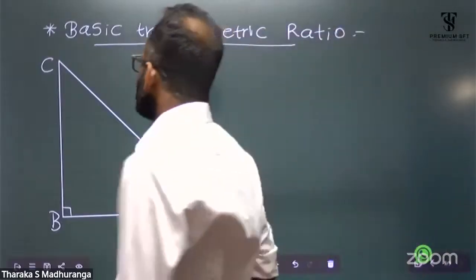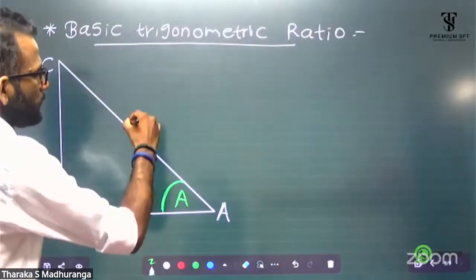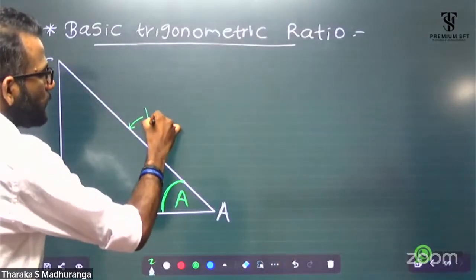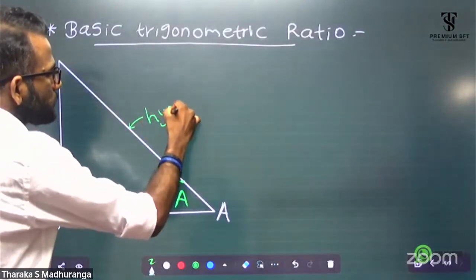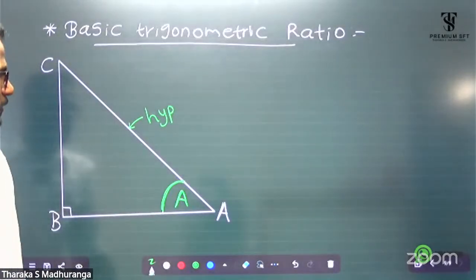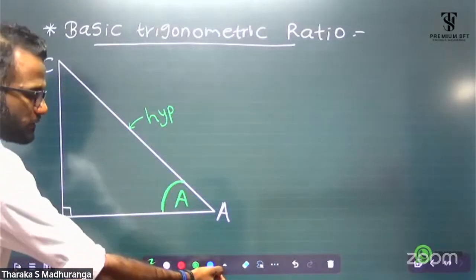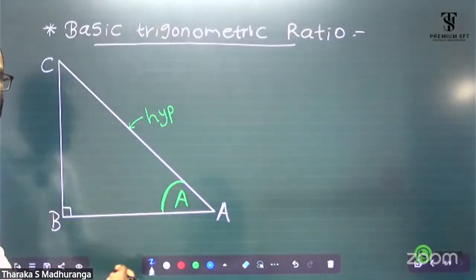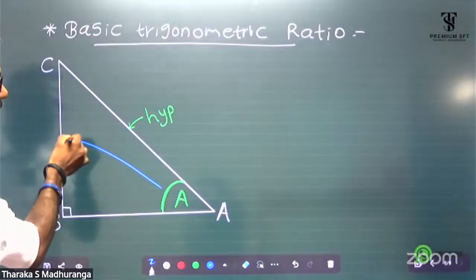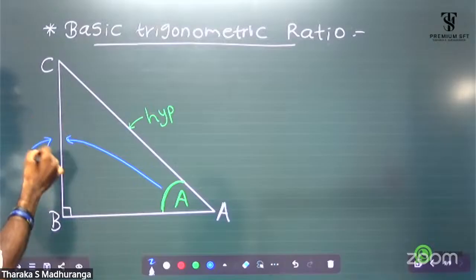We call the longest side of the right angle triangle the hypotenuse. If you consider this A angle, the opposite side we call the opposite side.